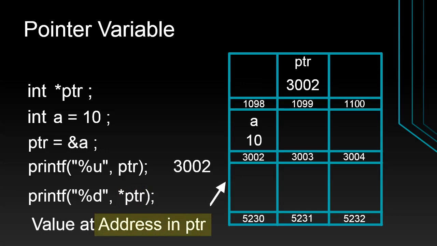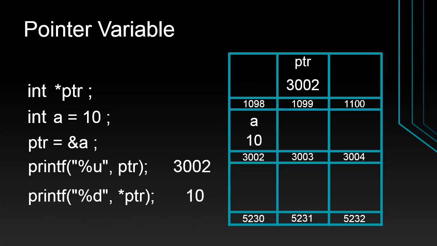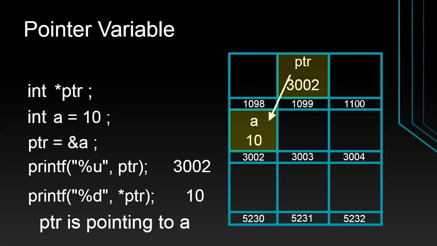We know the address in ptr is 3002. So the value at 3002 will be 10. Therefore, if I print *ptr, 10 will be printed. Hence, we say ptr is pointing to a because we can access the value of a through ptr.